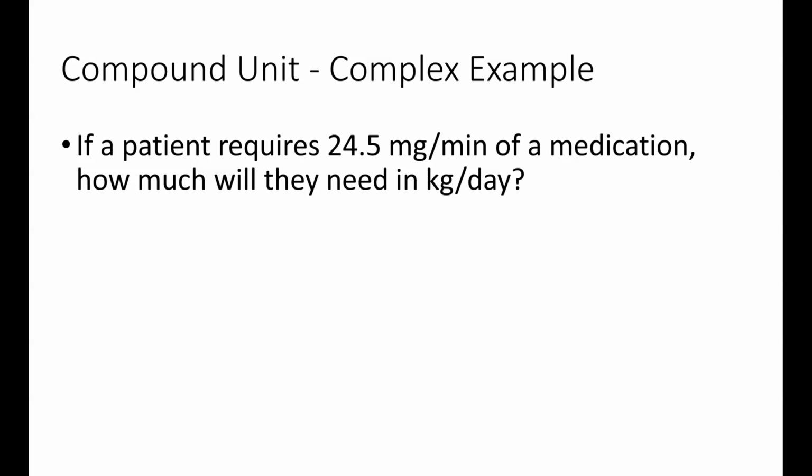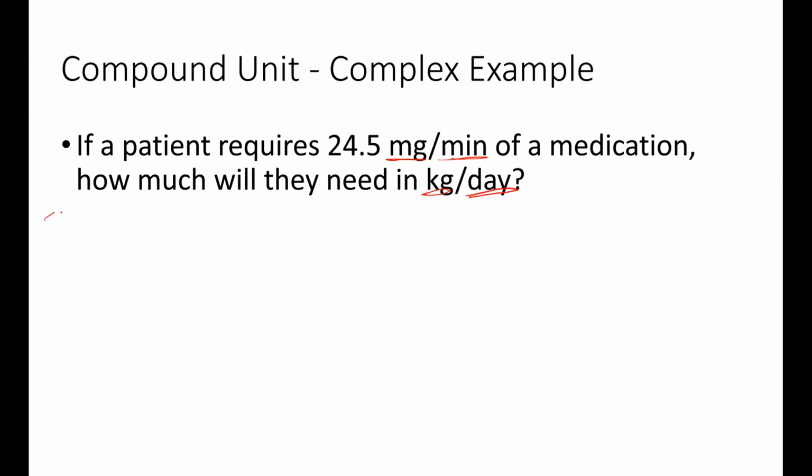So just like we did in the previous example of working with compound units, we would identify our starting units. Our starting units are milligrams per minute, and we're going to be converting that into kilograms per day.